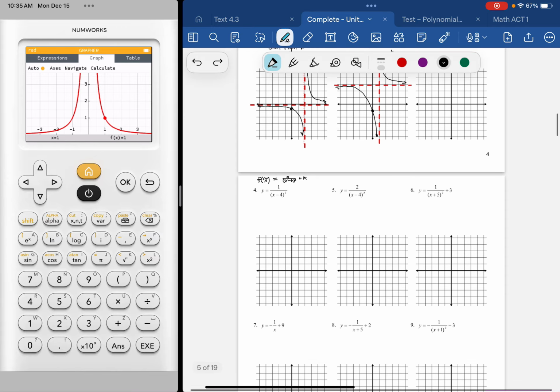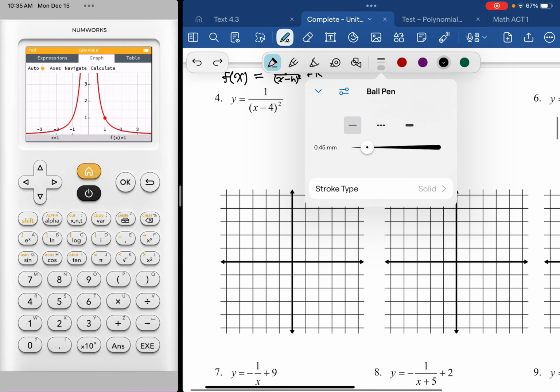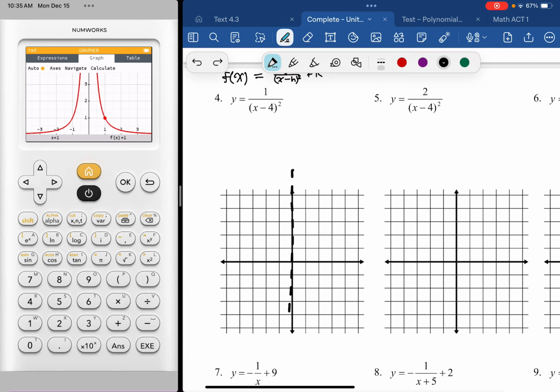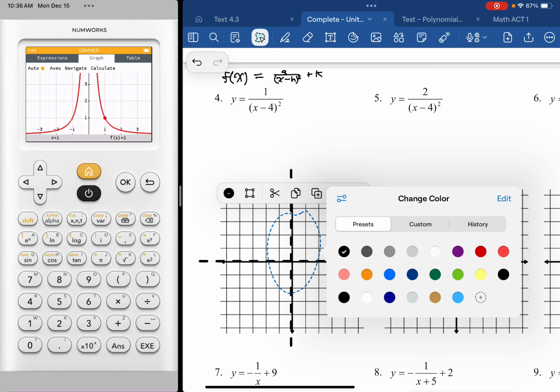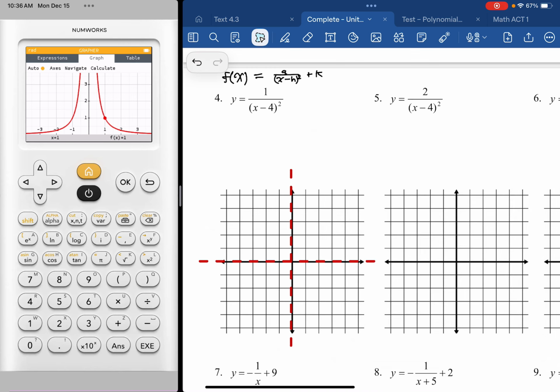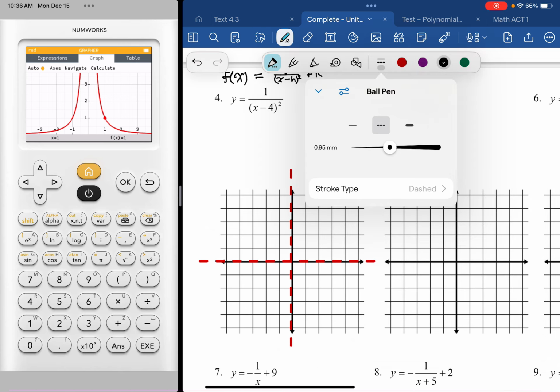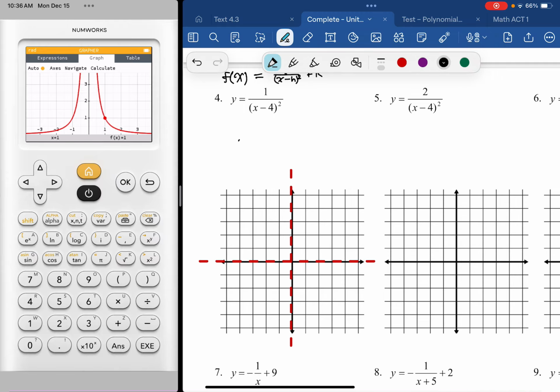So we're starting off with the same asymptotes, y equals 0 and x equals 0. Taking note of what our h and k values would be, along the same lines of what we did before. h is going to be equal to 4.